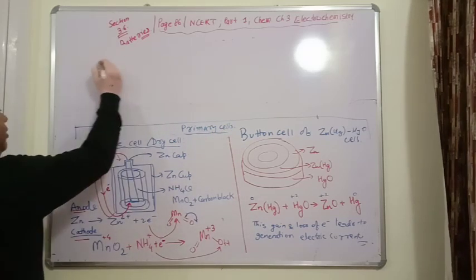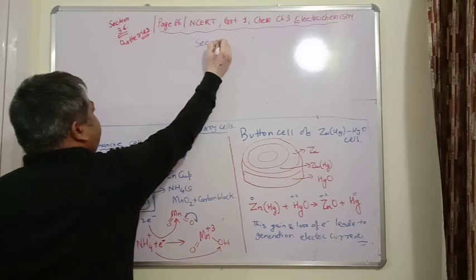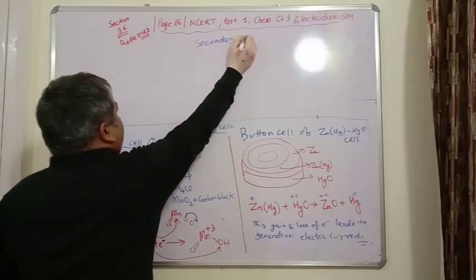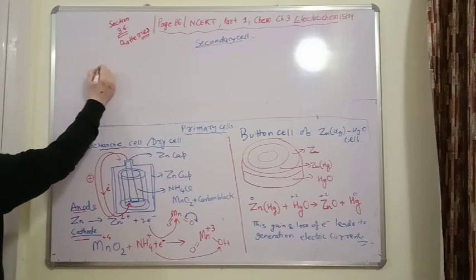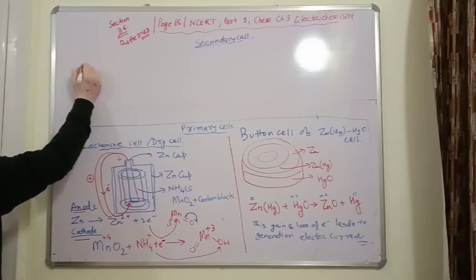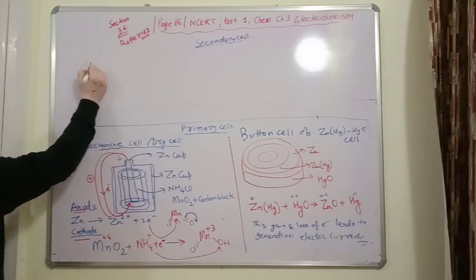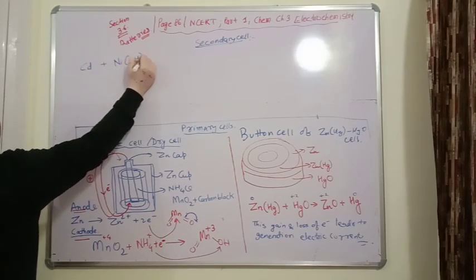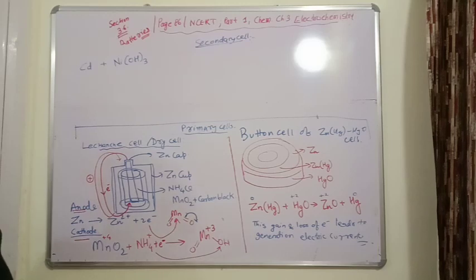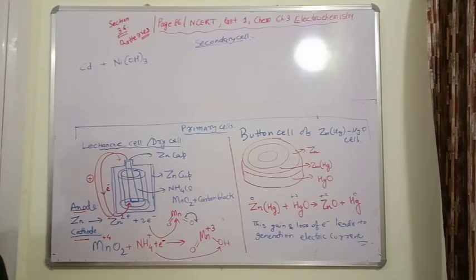And now secondary cell example we'll see how it works. Construction and the reaction. In secondary cell, cadmium is made to react with nickel oxide in trivalent condition.